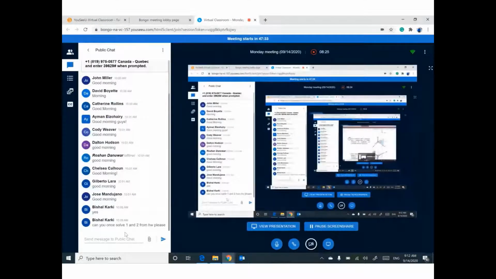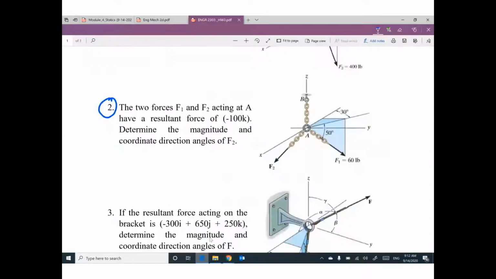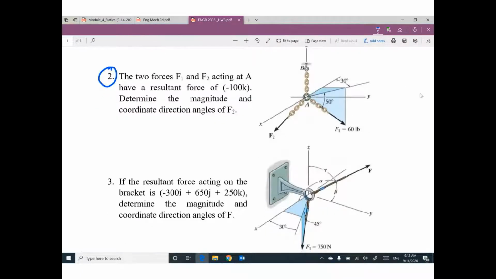Okay, yeah, I'm trying to go through the homework a little bit, guys. For question number 2 in the homework, we have F1, F2, two forces acting on point A, and the resultant force equal negative 100 K. So resultant force R is given as a vector.